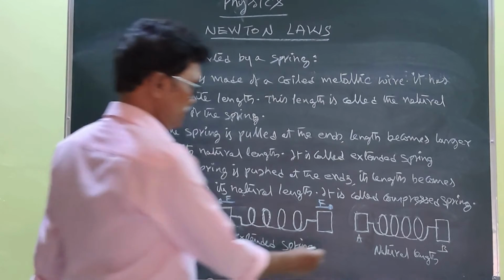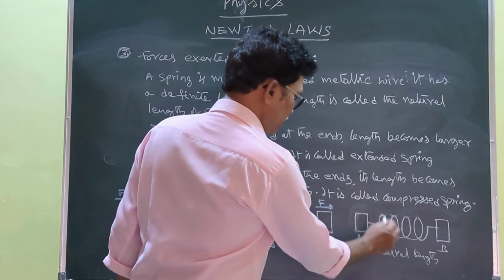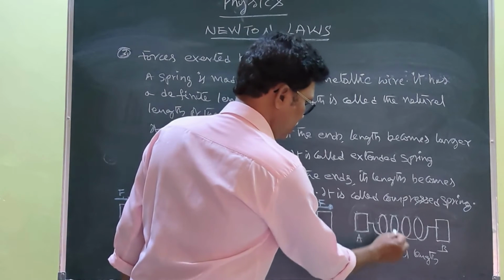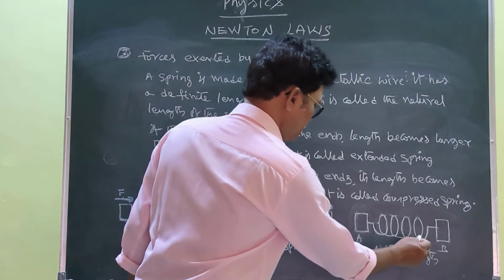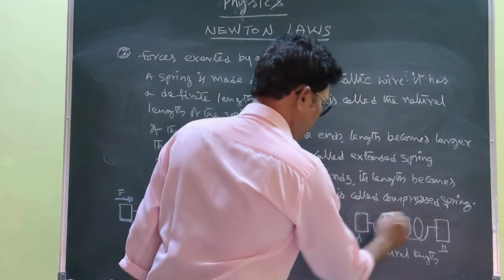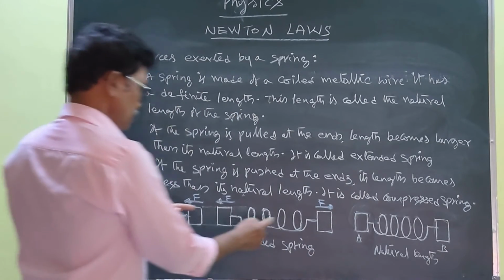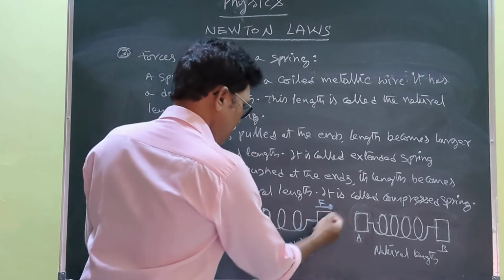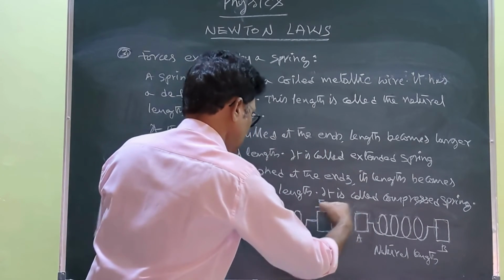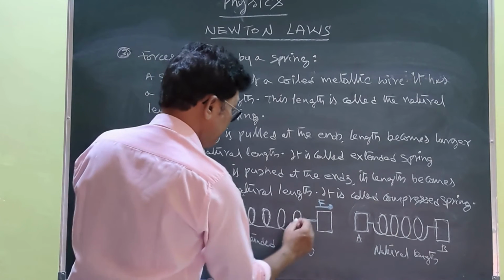For example, let us take this is the spring, this is the coil, these are the rings. Suppose boxes are attached at the two ends. Let us see here, at these ends, the force is applied in this direction. Obviously, the spring, the coil, is extended.